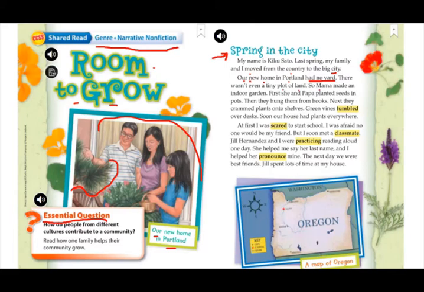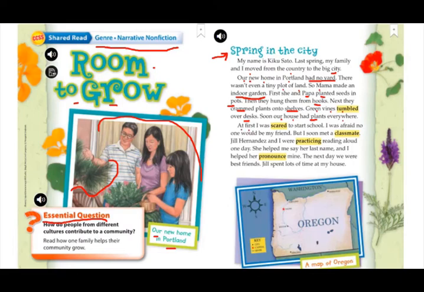So Mama made an indoor garden. First, she and Papa planted seeds in pots. Then they hung them from hooks. Next, they crammed plants onto shelves. Green vines tumbled over desks. Soon our house had plants everywhere.